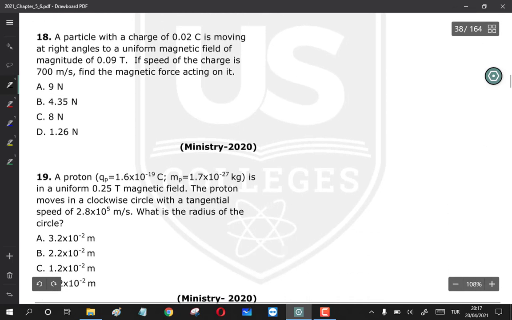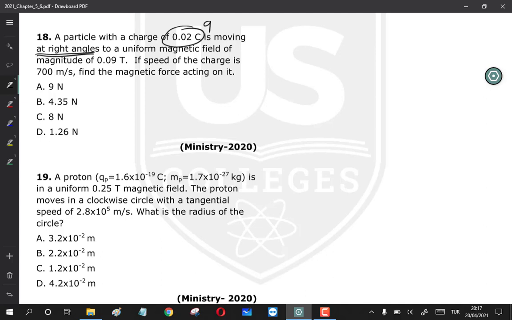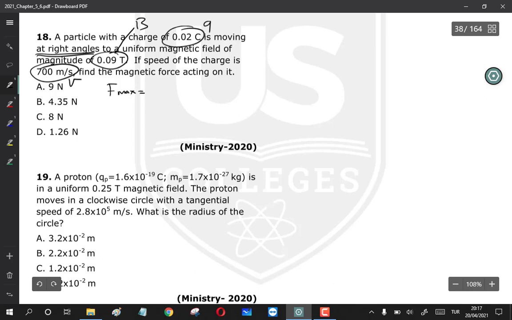Question number 18. A particle with a charge of 0.02 coulomb Q is moving at right angles. Again, maximum magnetic force acts on it. Uniform magnetic field is 0.09 Tesla, so this is B. If the speed of the charge is 700 meters per second, find the magnetic force. It's very easy. Maximum magnetic force again asked. Q times V times B. Q is 0.02.